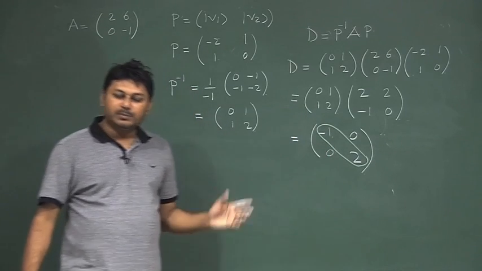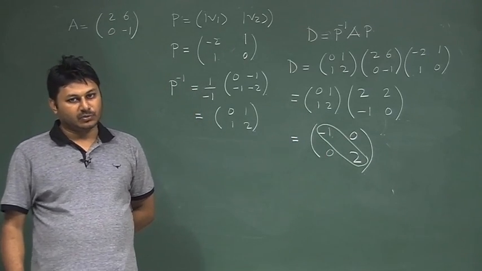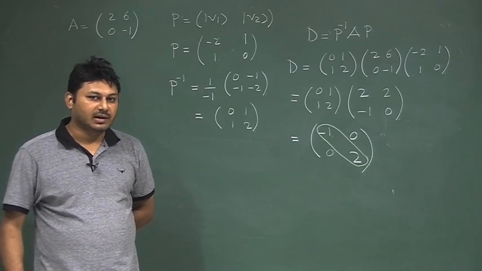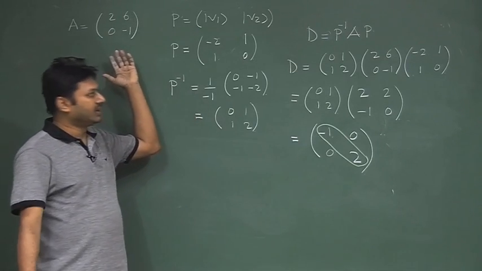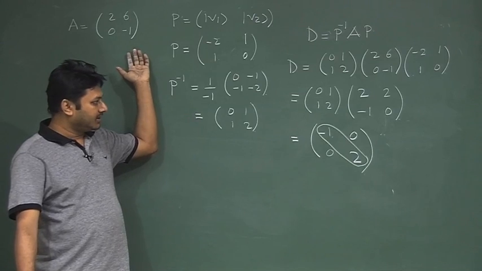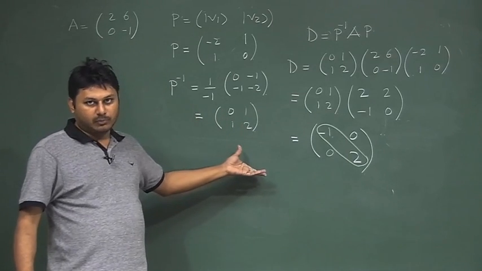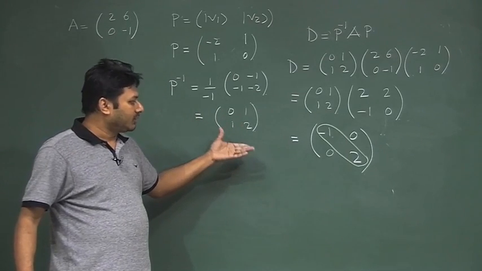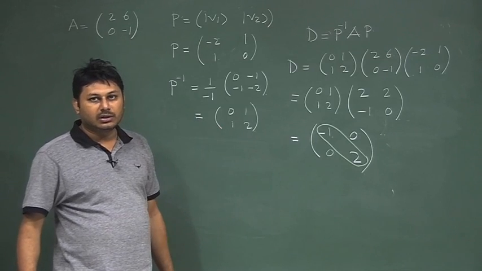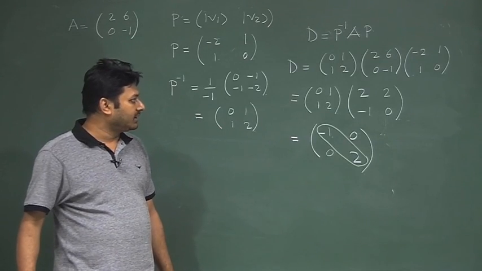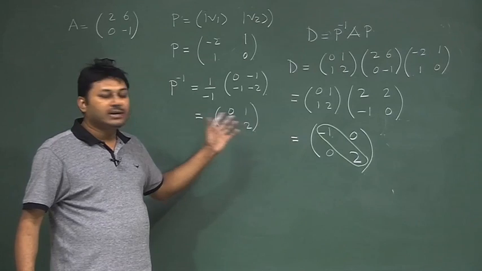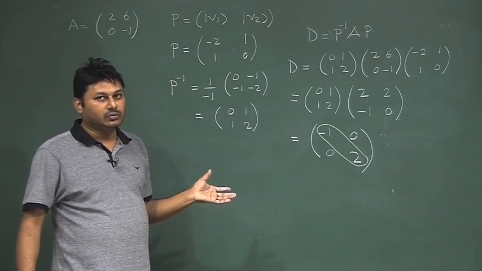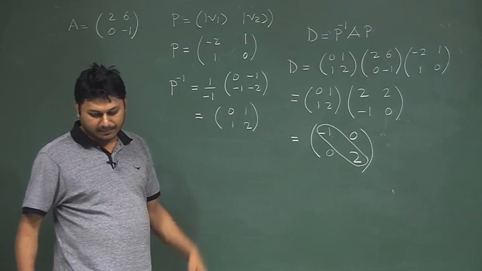The same recipe can be applied for any dimension of matrix. As I mentioned in my last class, every time I am taking a 2 by 2 matrix, because it is easier to calculate on the blackboard, but when you do that, sit down in your room and try to calculate so you can do that for a 3 by 3 matrix also, the recipe will be exactly the same.